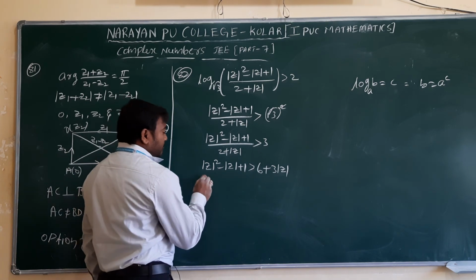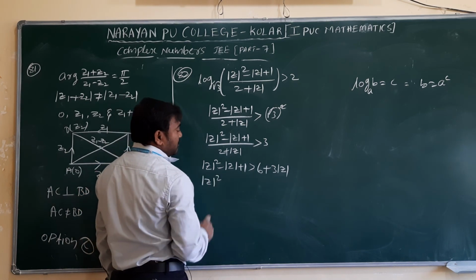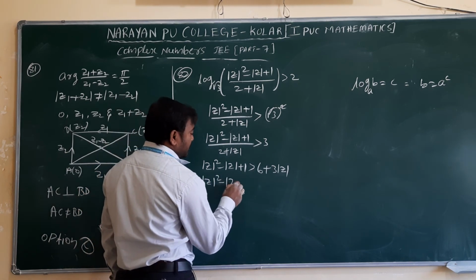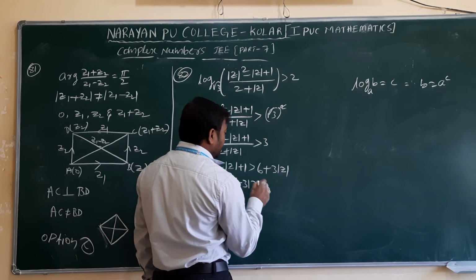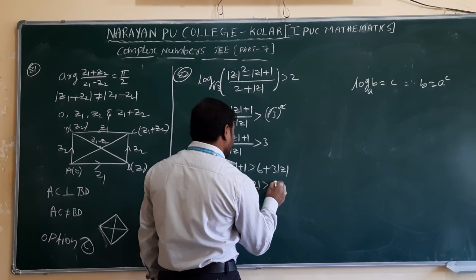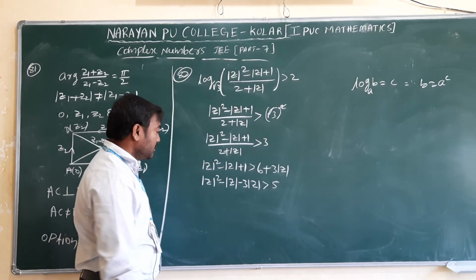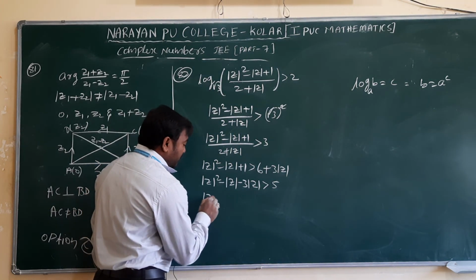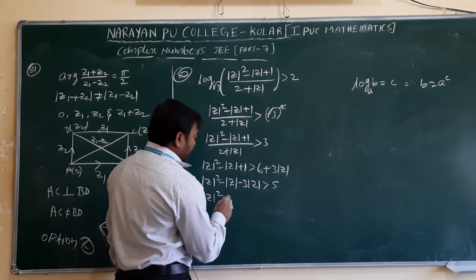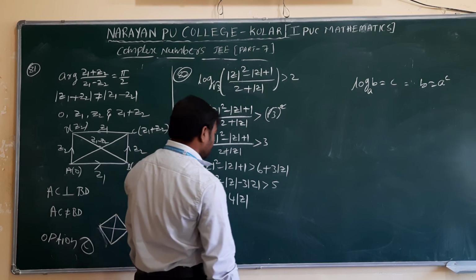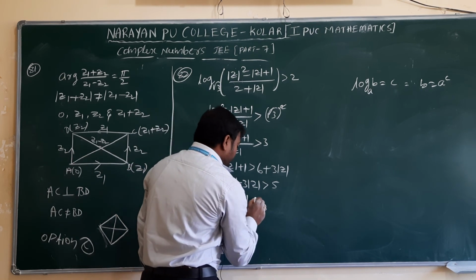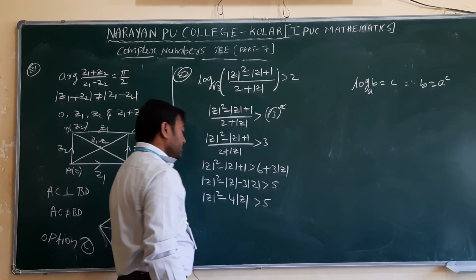Here modulus of z whole square minus modulus of z minus 3 into modulus of z is greater than 6 minus 1, only getting 5. Here modulus of z whole square minus 4 into modulus of z is greater than 5.